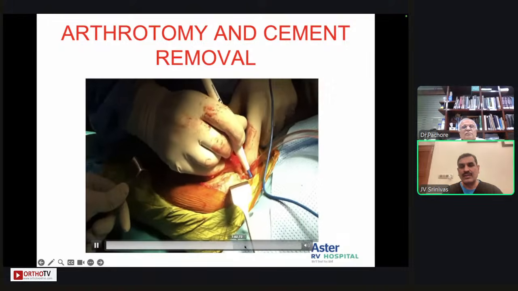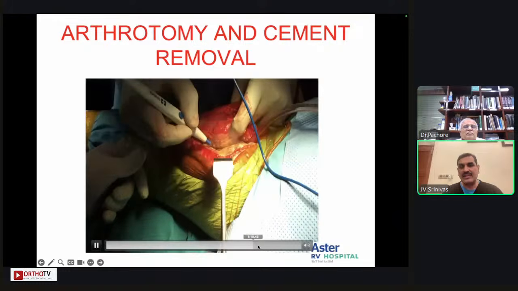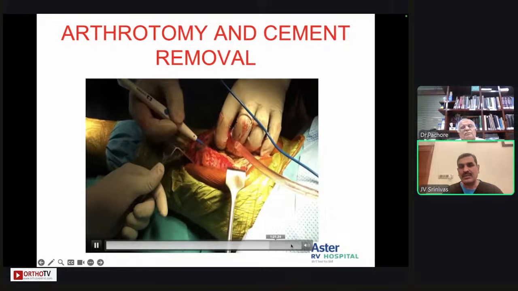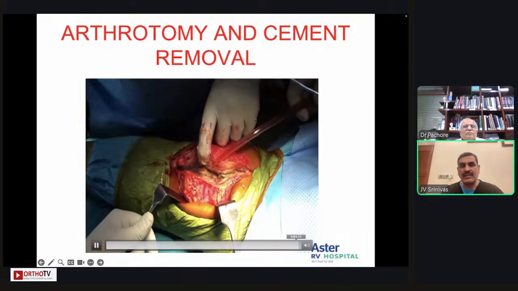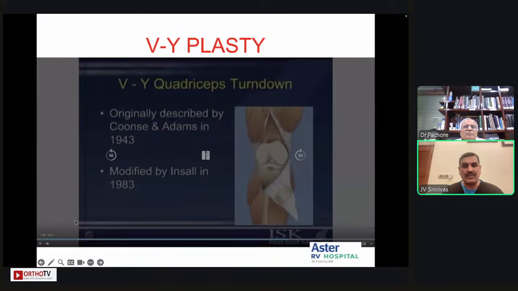So once we have done it, there's the arthrotomy done.